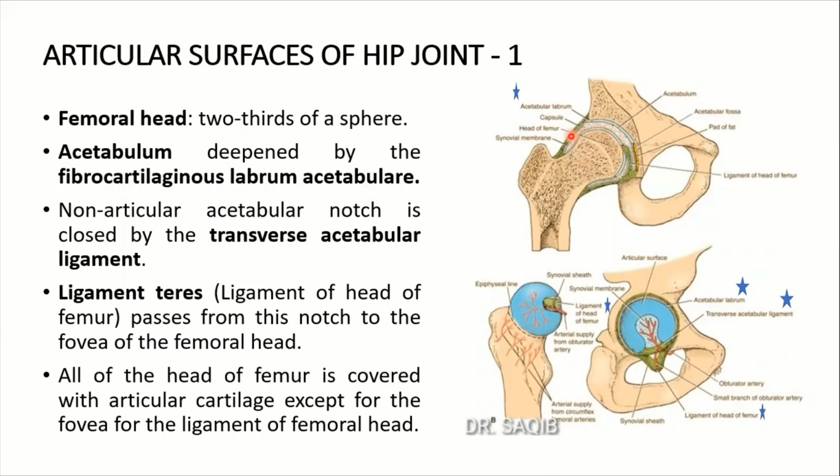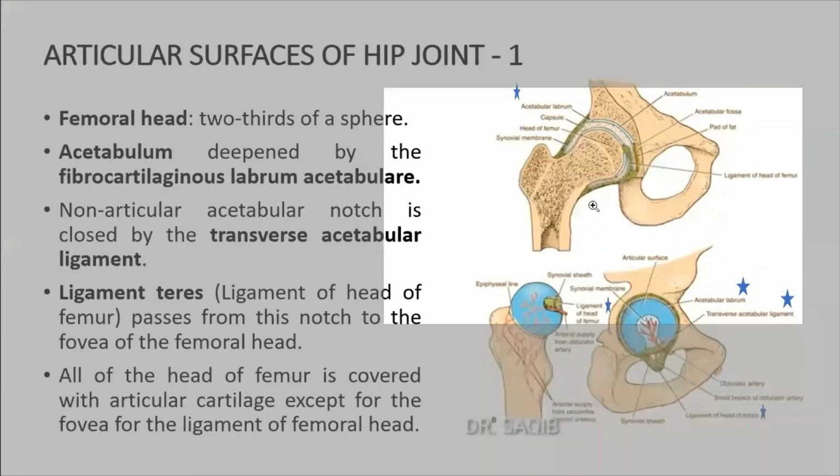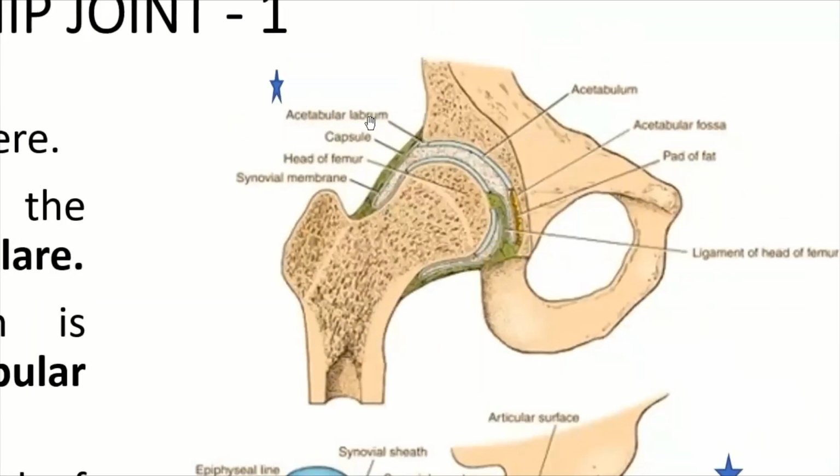And I can zoom in to show you this acetabular labrum. And here you could see this is labeled for you. You can see the labeling. This is the acetabular labrum. This deepens the acetabulum. This is the acetabulum, and it is deepened by the acetabular labrum, a fibrocartilaginous rim.